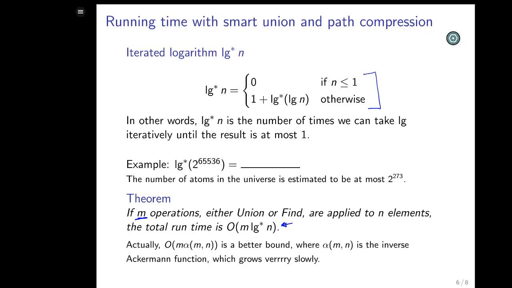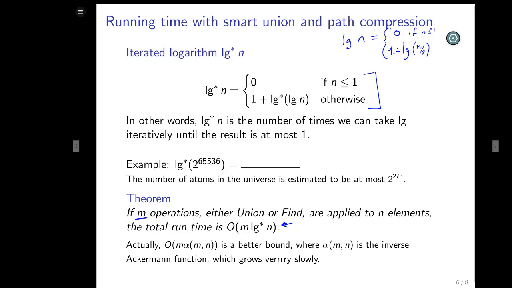If I would write log recursively, so log of n is equal to 0 if n is less than or equal to 1. And if n is bigger than 1, what is log of n? It's 1 plus log of n over 2.